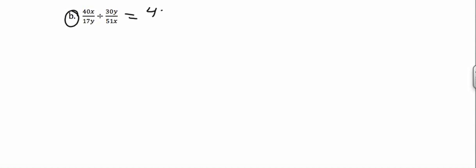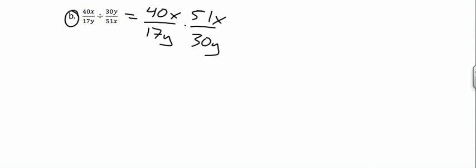All right, so I get 40x over 17y times 51x over 30y. The x's will not cancel this time, but there's a lot of simplifying I can do. 40/30 is the same thing as 4/3. 17 and 51 is 1 and 3.